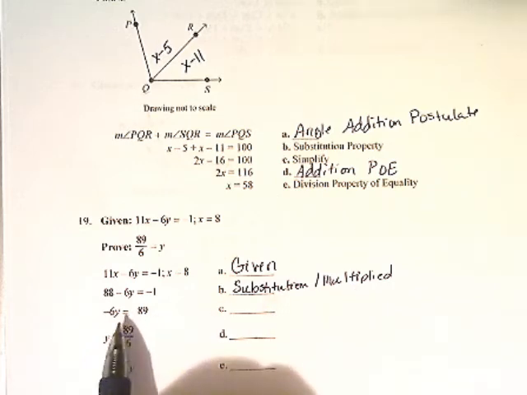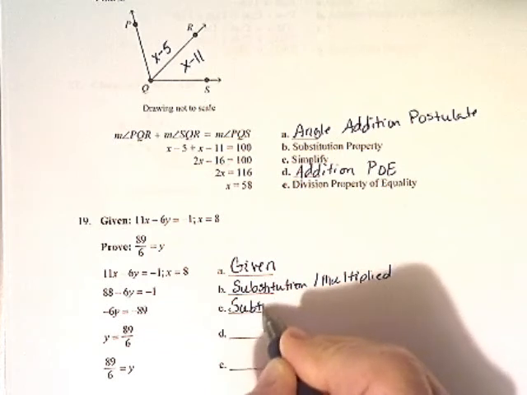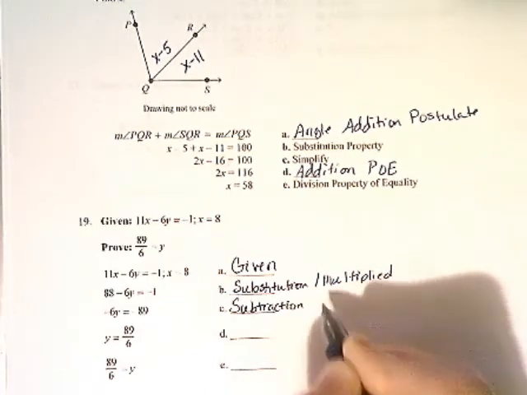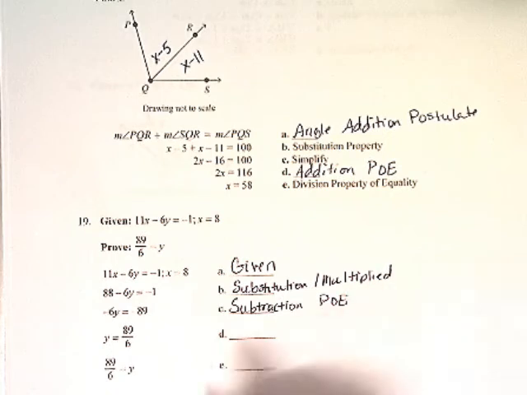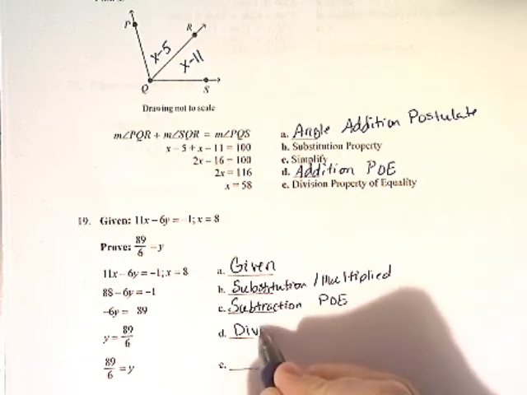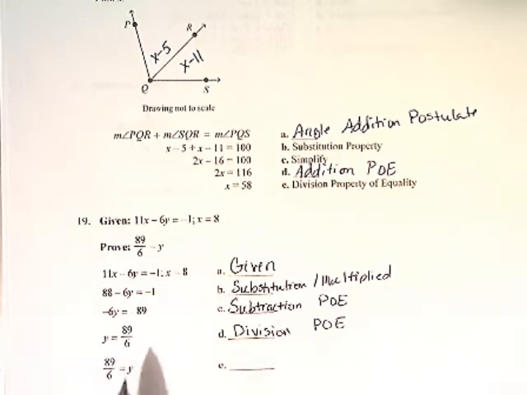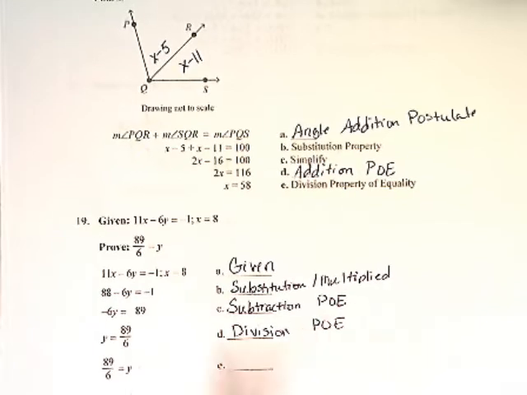The next step looks like they subtracted 88 from each side, so this is the subtraction property of equality. And then they divided, division property of equality. And then what did they do? These are the same except for the way they wrote them.